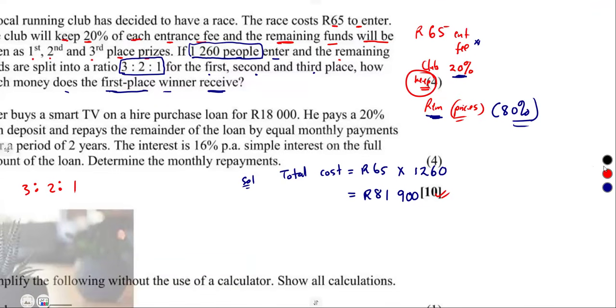So you can calculate that remaining amount as 80 over 100 times 81,900.